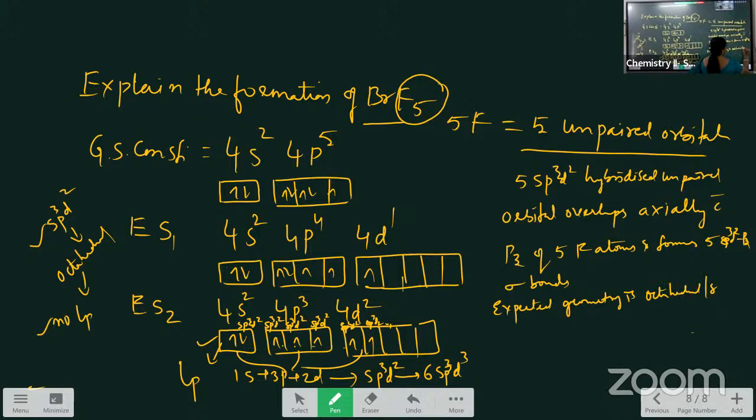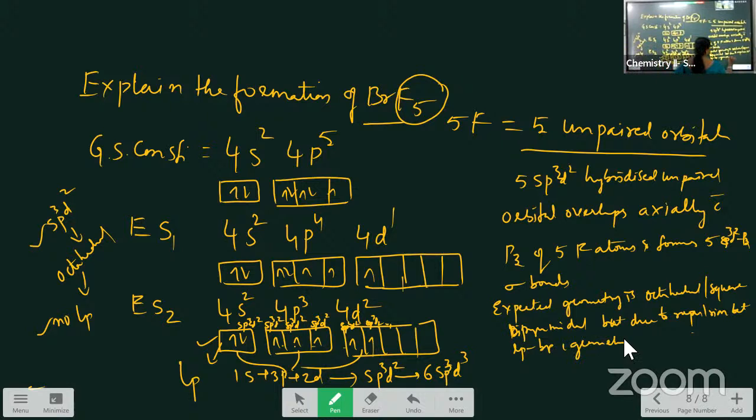Octahedral का दूसरा नाम क्या है? Square bipyramidal. But due to repulsions, जब लोन पेयर रहते, लोन पेयर बॉन्ड पेयर्स के साथ रिपल्शन करता, बट ड्यू टू रिपल्शन बिटवीन लोन पेयर एंड बॉन्ड पेयर, the geometry changes to distorted octahedral.